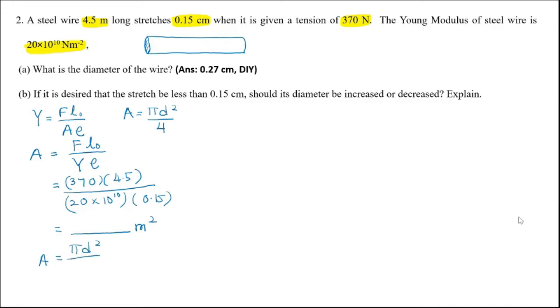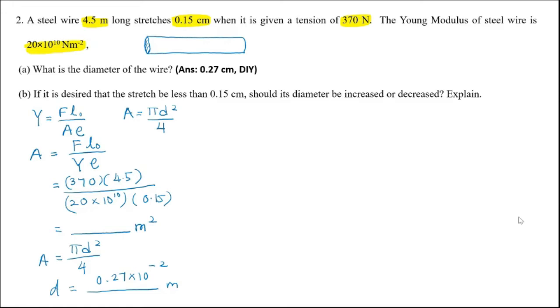Simply you can find the diameter from this equation. So the diameter is 0.27, sorry, 0.27 times 10 to the power of -2 meter. This one is for part A.